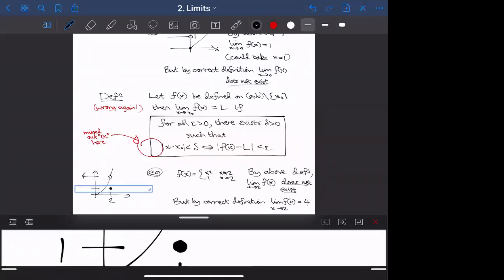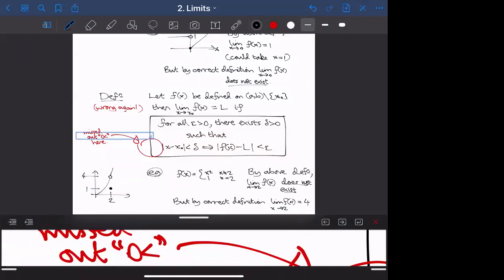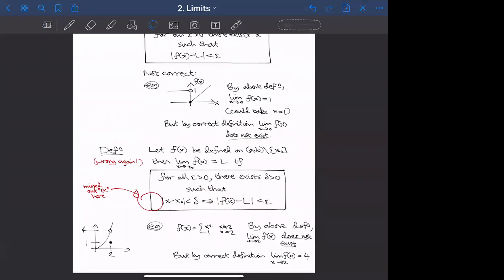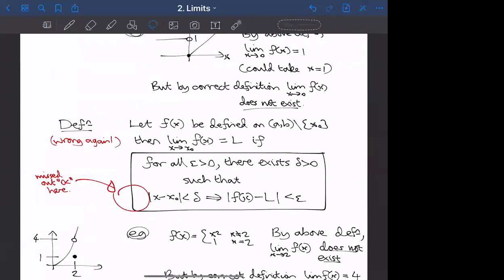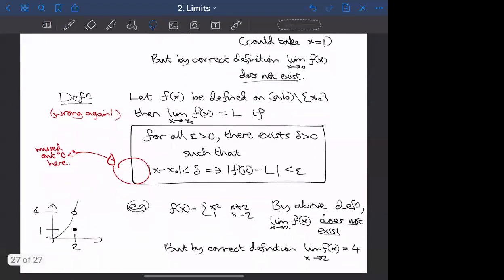And by the correct definition of the limit, it doesn't matter what the value equals at that point, it only matters what happens near that point. And that's because in the correct definition of the limit, we have this condition that says that x does not equal x0 in the definition. Okay.